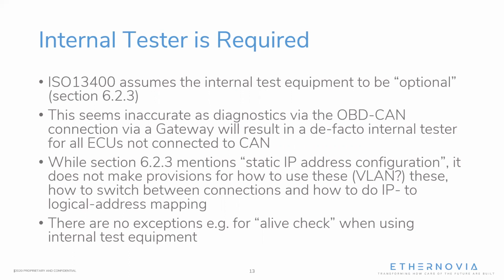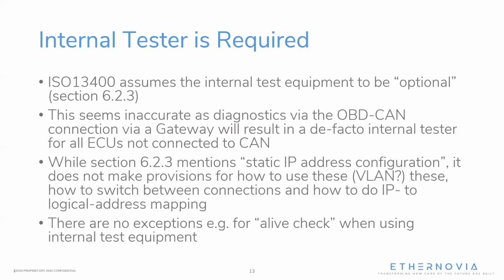On the other hand, ISO 13400 has a concept of trying to keep the tester address unique, which is required because at UDS level, we can only address one tester address. And if we have two testers connected with the same address, we might potentially run into a problem of how to assign them to certain connections.